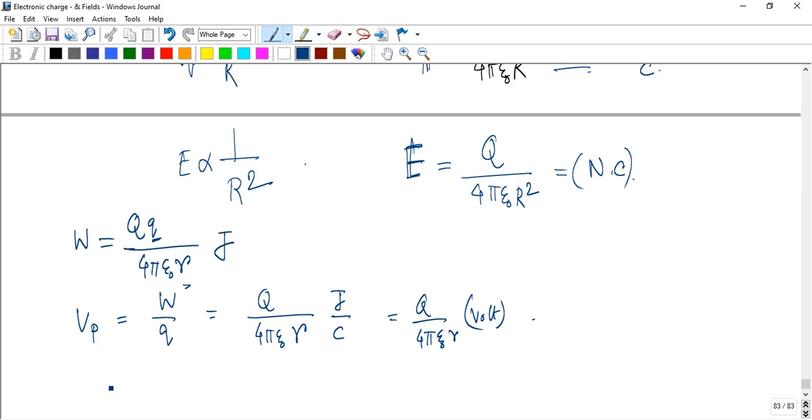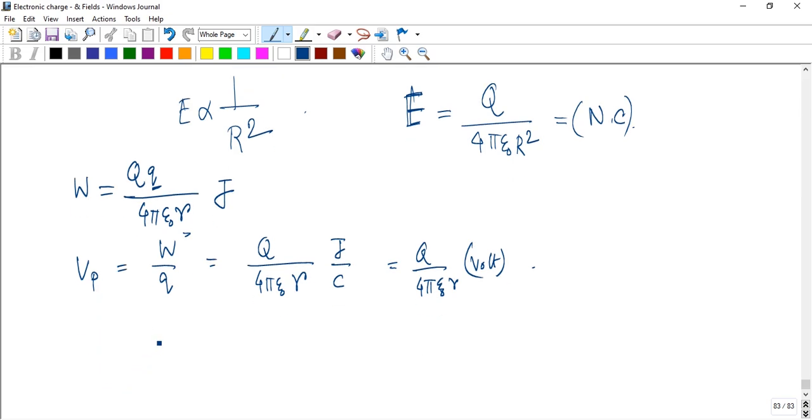And how are potential and potential energy related? The potential at point P, for bringing a charge from infinity to a finite point, is the change in potential energy, delta U, divided by the test charge q.